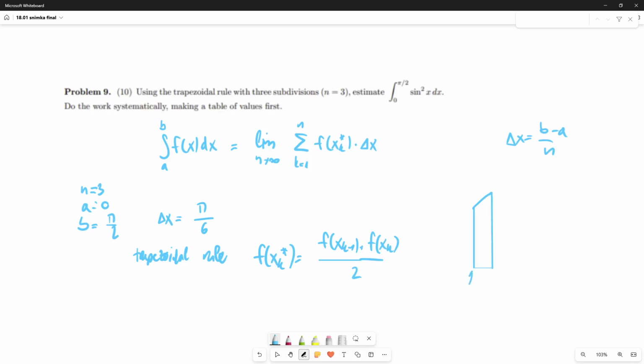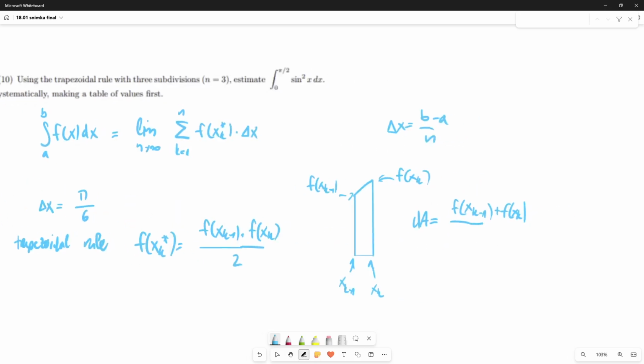So here we have xk minus 1, here we have xk, this value over here is f of xk minus 1, this value over here is f of xk, and the area of the trapezoidal shape is equal to the mean of f of xk minus 1 and f of xk times the width of the interval, which is equal to delta x.